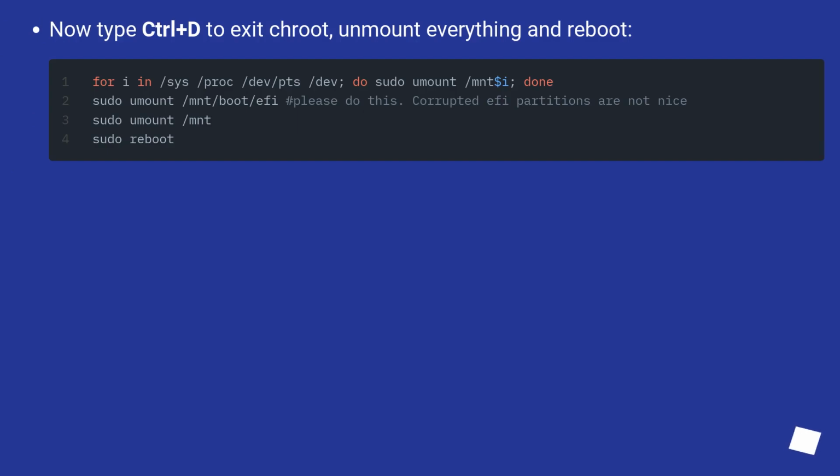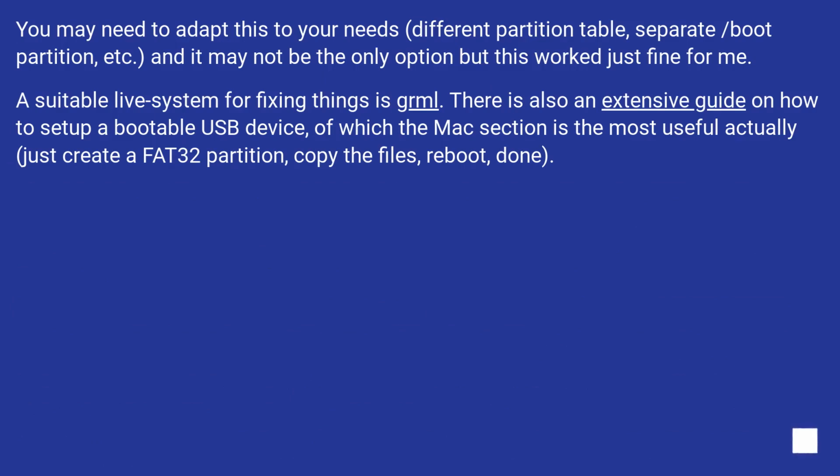Now type Ctrl+D to exit root, unmount everything and reboot. You may need to adapt this to your needs, different partition table, separate /boot partition, etc., and it may not be the only option, but this worked just fine for me.